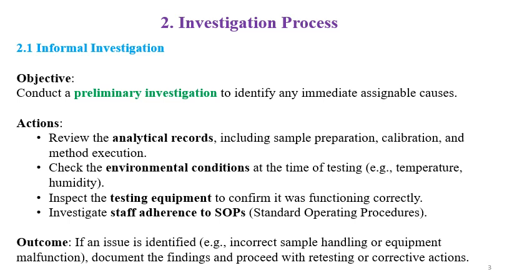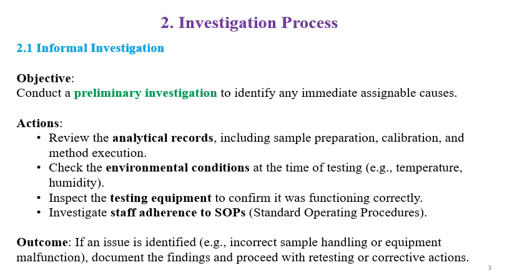We need to check whether the method is followed correctly or not. Check the environmental conditions at the time of testing, like temperature and humidity. Inspect the testing equipment to confirm whether it was functioning correctly, and investigate staff adherence to SOPs, that is standard operating procedures, and the standard instructions.